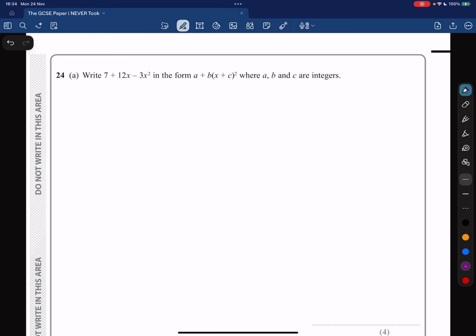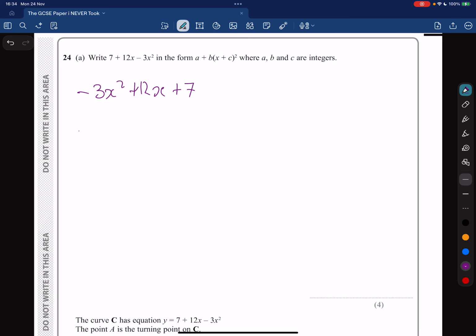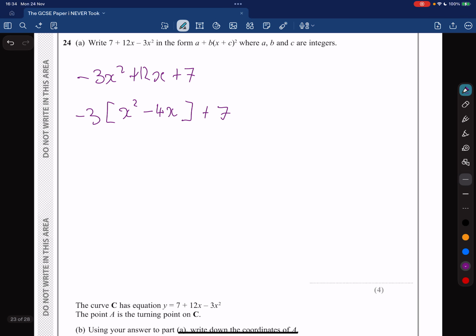Okay, so we've got minus 3x squared plus 12x plus 7. We're going to go minus 3, x squared minus 4x, plus 7. So we've got minus 3 multiplying this; if you expand this, it will form that.